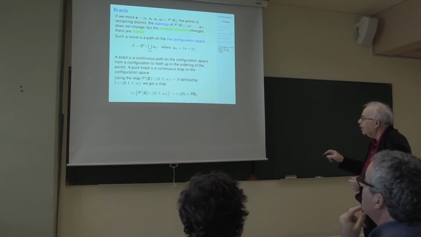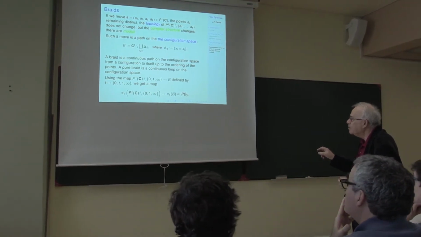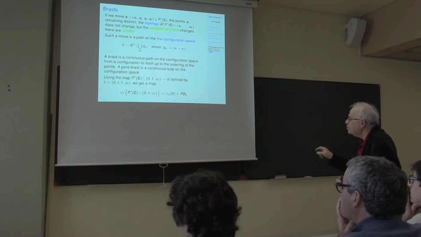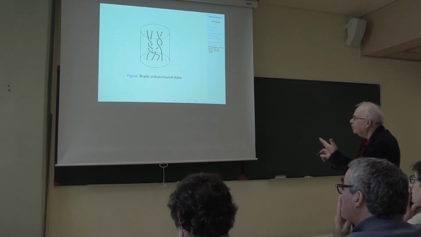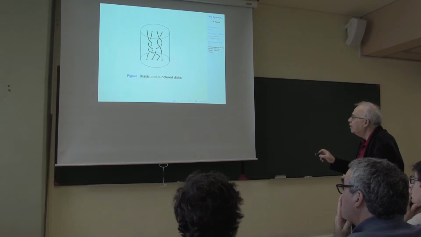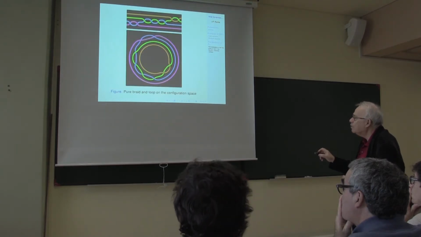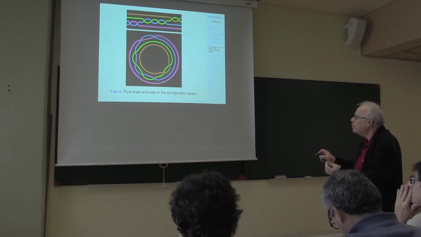Okay, and then you can interpret the choice of T this way, as giving you a configuration. So you get such a map. And this is the free pure braids. Here you have a picture of pure braids and the corresponding loop on the configuration space.